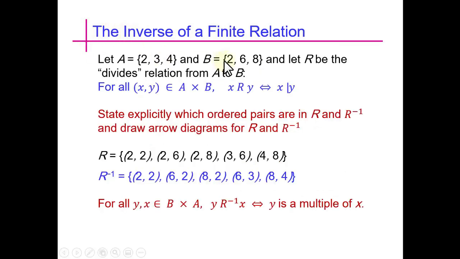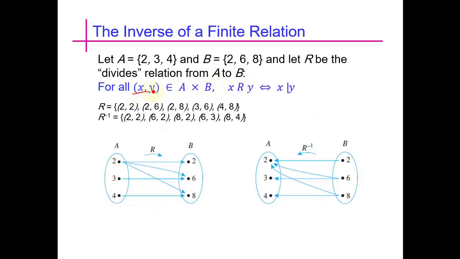Now we are studying an example of inverse of a finite relation. Let A is equal to {2, 3, 4} and B is equal to {2, 6, 8}, and let R be the divides relation from A to B, defined as for all (x, y) belonging to A cross B, x is related to y if and only if x divides y.